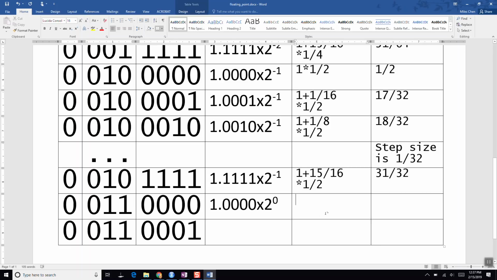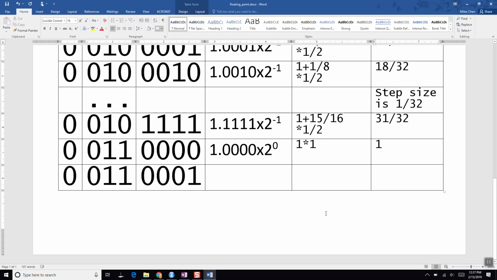Oh, duh, this is just 1 times 2 to the 0, which is 1. My brain just stopped working for a second. So we're at 31/32 now, and now we're at 1, where my exponent is 0.